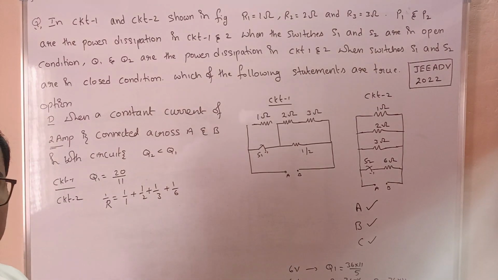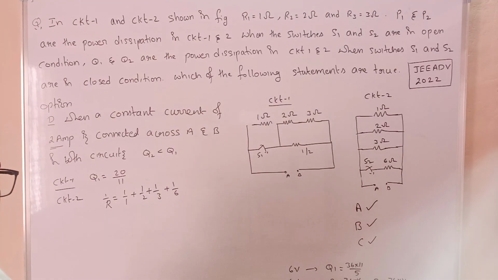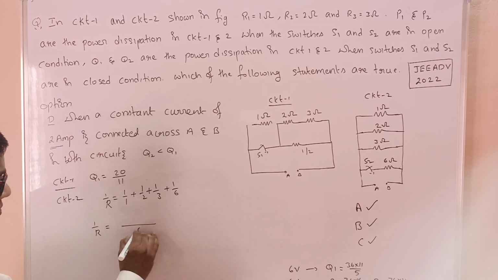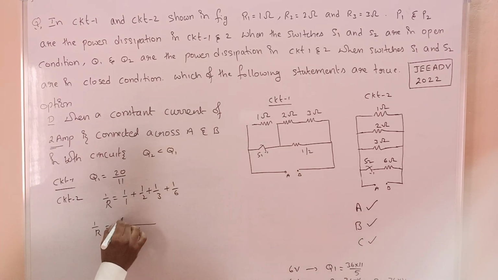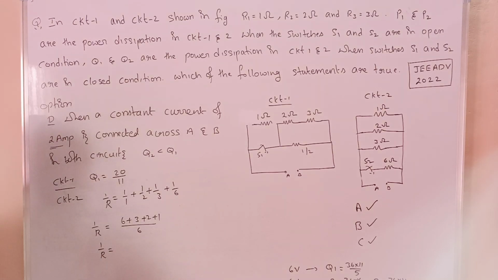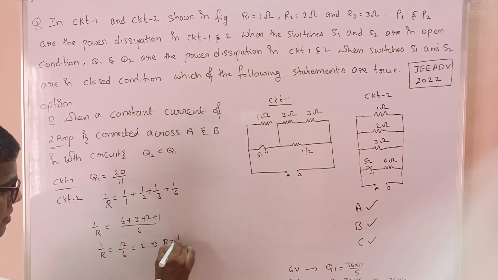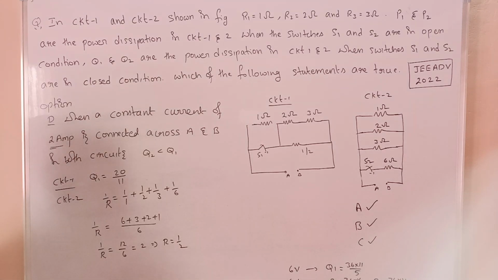Now we have to do the LCM. With LCM 6, we get 6 plus 3 plus 2 plus 1, so 1 by R is 12 by 6, which is 2, and R is equal to 1 by 2.